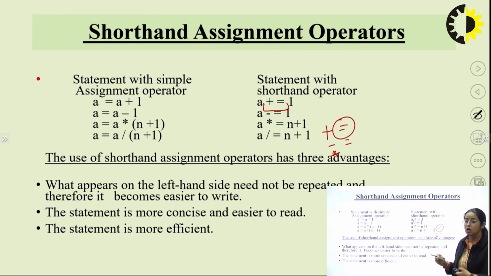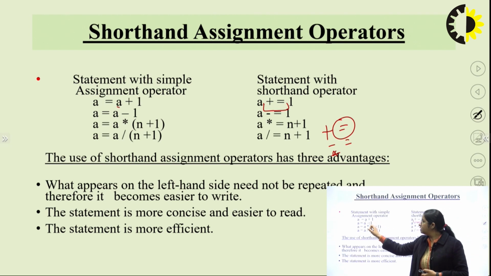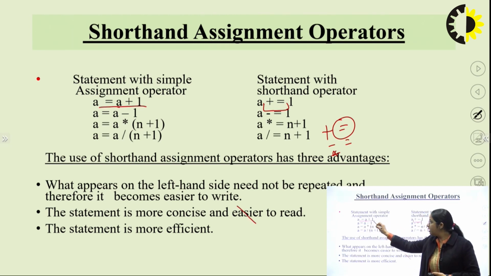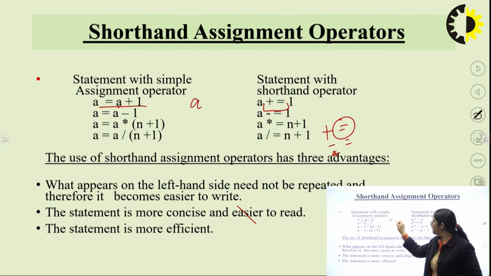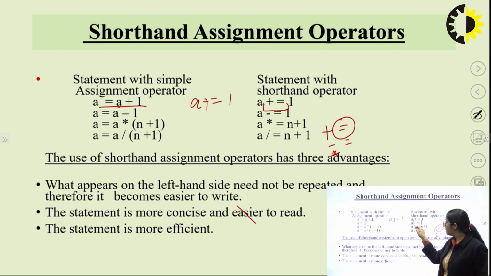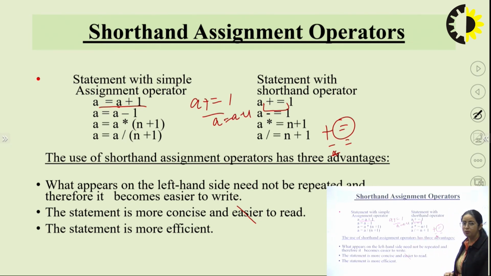What does it mean? That means the value of A plus B is assigned into A, and the value of A minus B is assigned into A. But you can also write A plus equals 1. This means the same as A equals A plus B. These are the shorthand operators you are using.